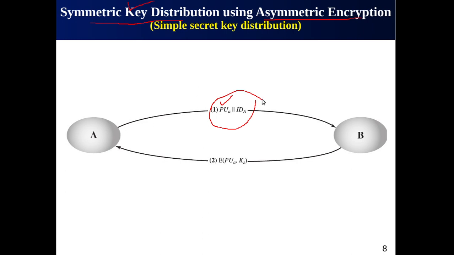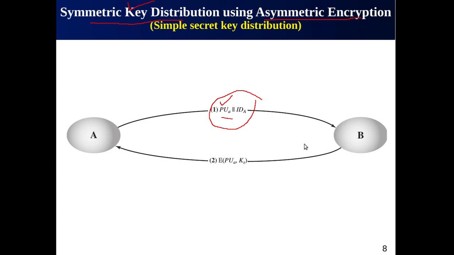So if you think on this figure, you will see that A is actually not generating the symmetric key. A is actually sending a request towards B. Hey, here is my public key and here is my identifier.